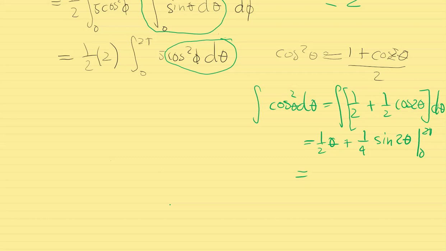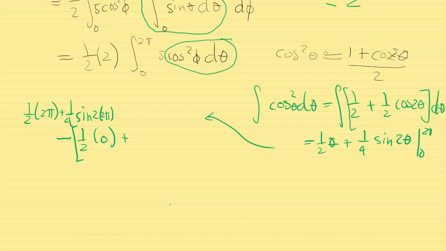So the upper limit is 1/2 times 2 pi plus 1/4 sine of 2 times 2 pi. Then minus the lower limit, 1/2 times 0 plus 1/4 sine of 0.